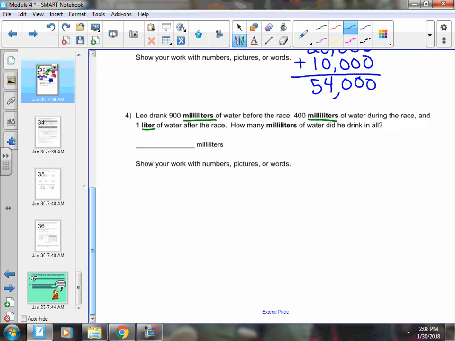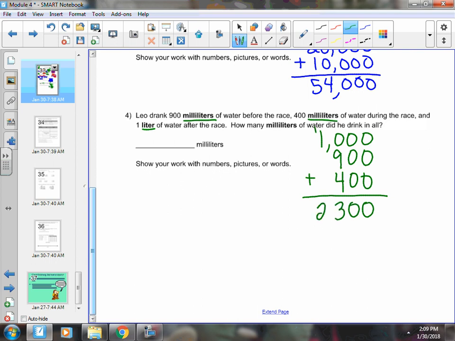I know that 1 liter is 1,000 milliliters plus 900 plus 400. So I'm adding all 3 numbers together. I just had to change 1 liter to 1,000 milliliters first. 2,300 milliliters.